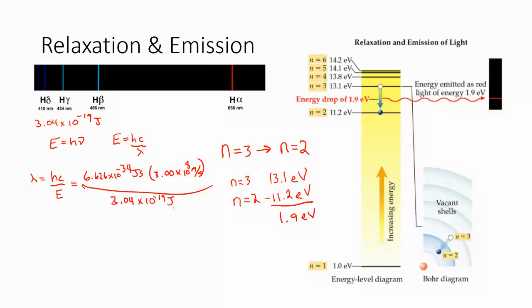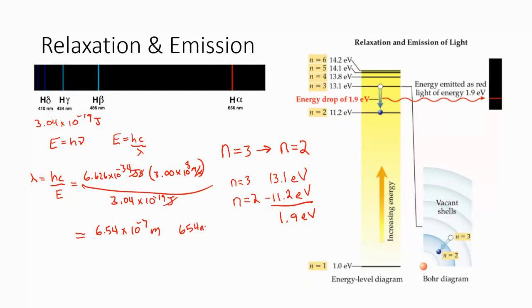If I cancel units here, joules cancel out, seconds cancel out, and I'm left with meters. And that comes out to 6.54 times 10 to the minus 7 meters, which is also known as 654 nanometers.